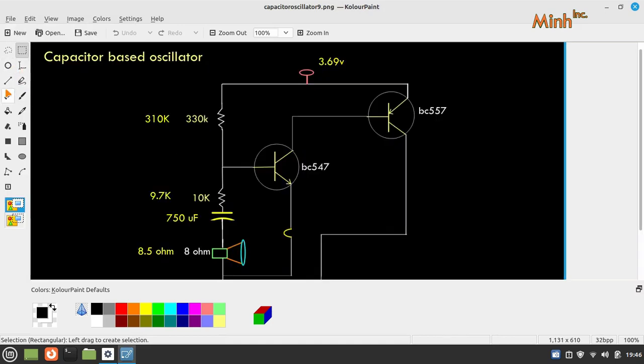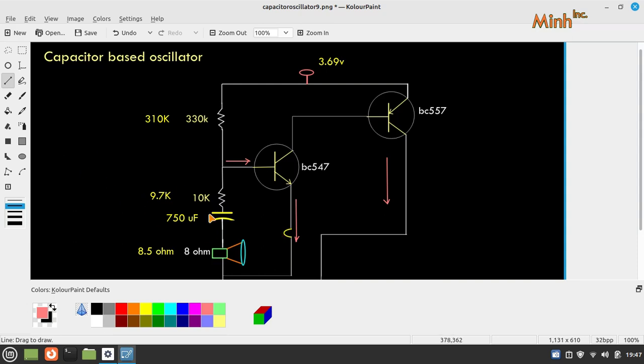If we see, this is IB, this is IE, this is IC, the IC of the PNP.